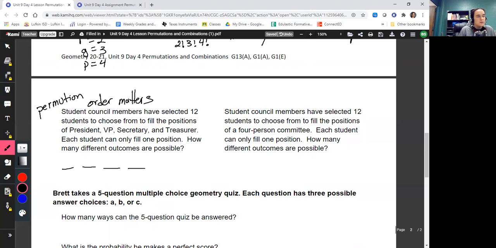Then we have 12 people to choose from. So we could choose any one of 12 people for the first position, then 11 for the next, 10 for the next, and 9 for the next. So 12 times 11 times 10 times 9, and that gets us 11,880 possible outcomes.